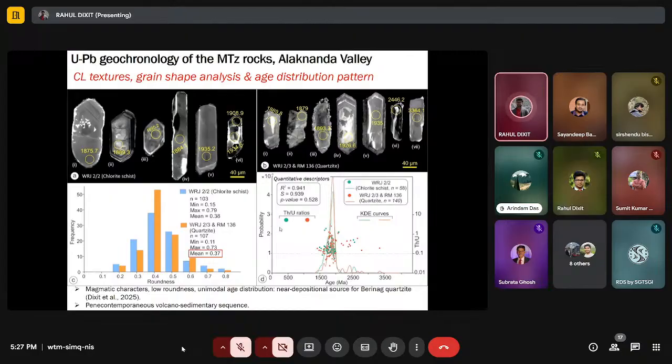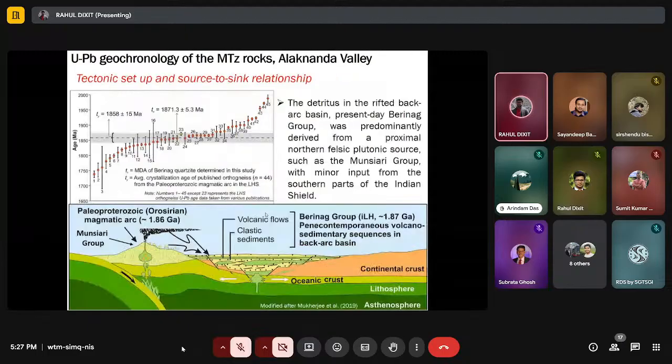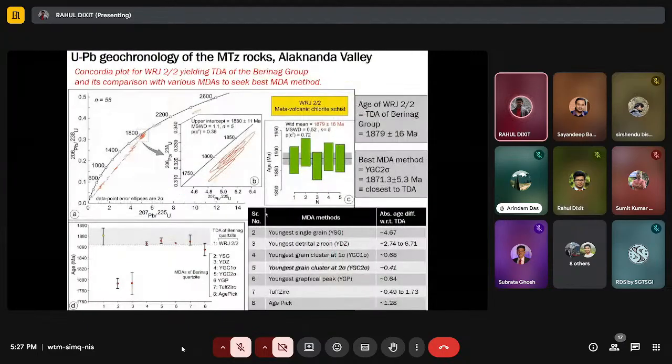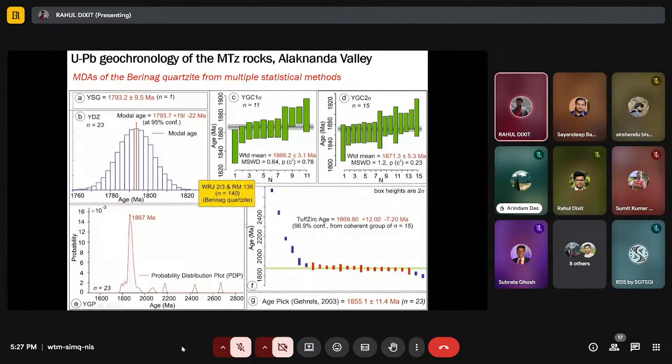The main focus of part B was to look for a novel methodology by which we can constrain the actual age of deposition. As I showed in this slide, several workers use different methods to identify the depositional age of the rock, and because of that the same rock unit has got several depositional ages.